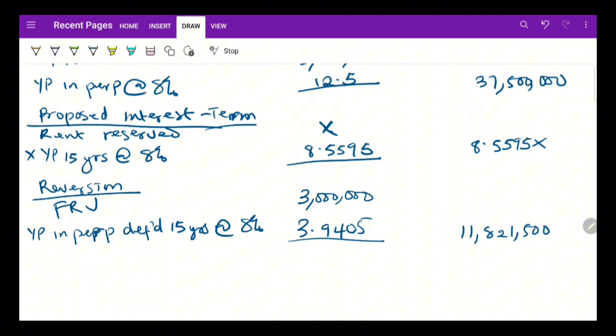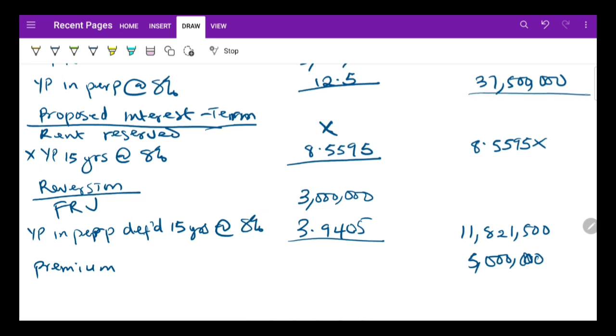Then we add the premium. Okay, because now this interest that we have valued does not include the premium that was paid at the beginning of the lease. So now we have to add that premium to it. So we have the premium of 5 million naira to add to it. So now what is the total of the landlord's proposed interest?